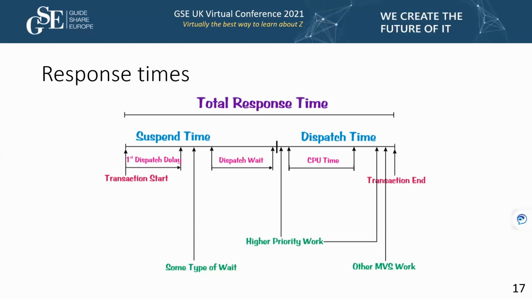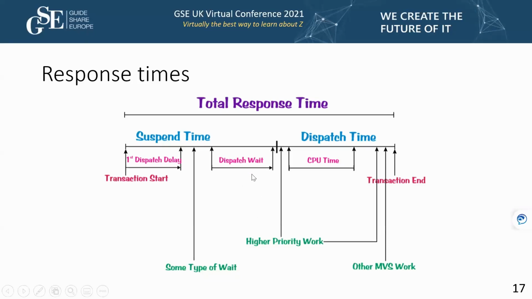You don't have much in terms of control blocks within the system, and you can't really run at this point till you get this first dispatch. And then once you're actually dispatched, you get a chance to get some CPU, and possibly you're going to issue a command that's going to get you suspended, and then you're going to end up waiting.